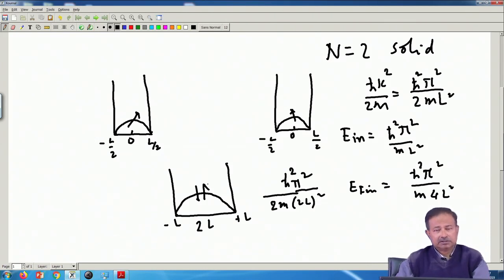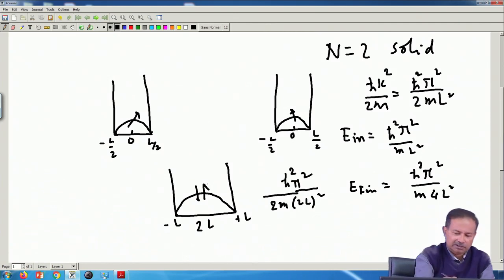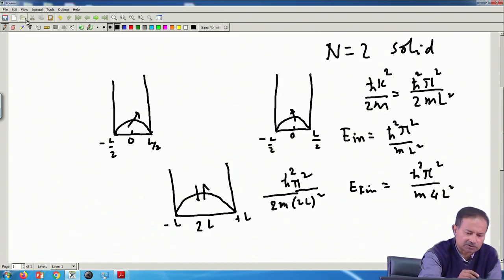Of course, I also mentioned that if, for example, instead of hydrogen you had helium, so you already had 2 protons and 2 electrons, then you had to use the other orbital.